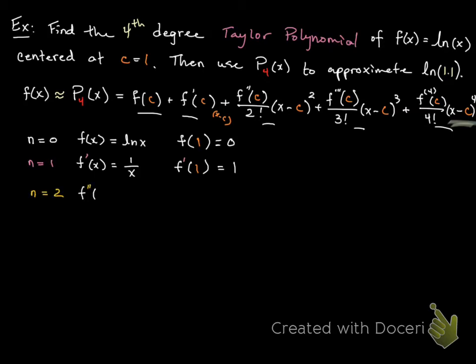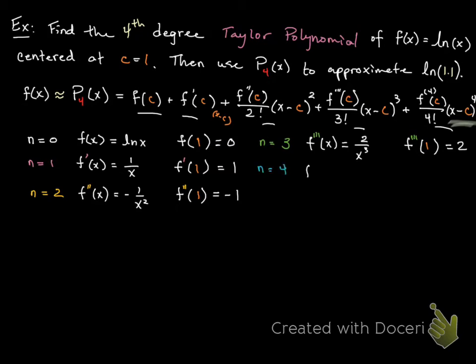When n is 2, second derivative of 1 over x, or x to the minus 1, is minus 1 over x squared. Okay? Plug in 1, that's a minus 1. Third derivative is going to give me a 2 over x cubed, and plug in 1, that's a 2.